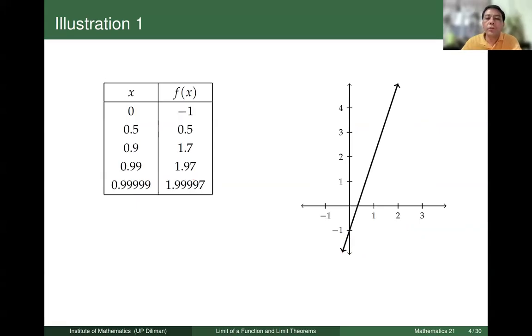All right. So graphically, this is what happens.